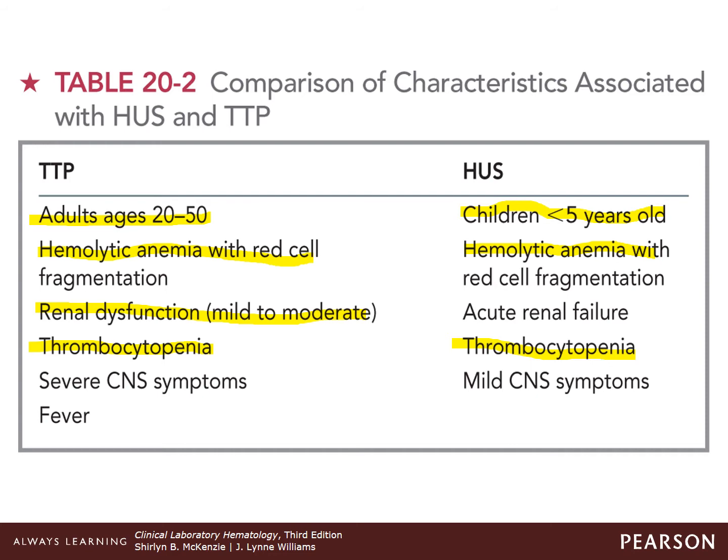With HUS, this is an acute renal failure condition. Although there are CNS symptoms in both HUS and TTP, TTP has more severe CNS symptoms. And a lot of the time, you're going to see fever associated with TTP.